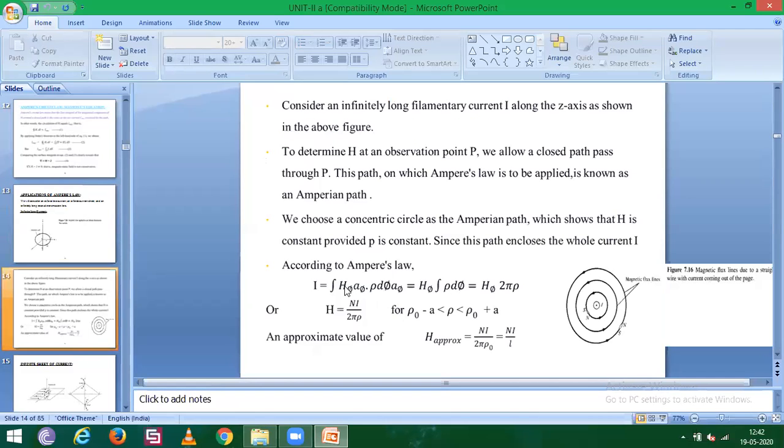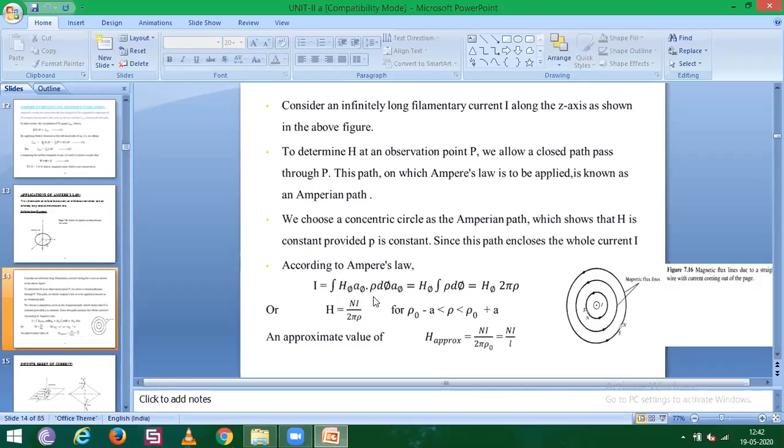Therefore, H dot dl becomes H phi a phi dotted with dl, which should also be considered in the phi direction. Along any angle direction, the dimension is always radius into angle, so it is rho d phi, right?